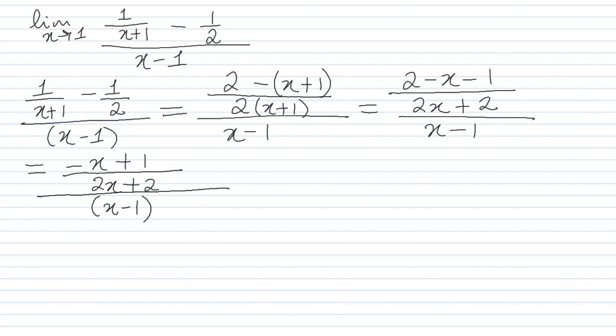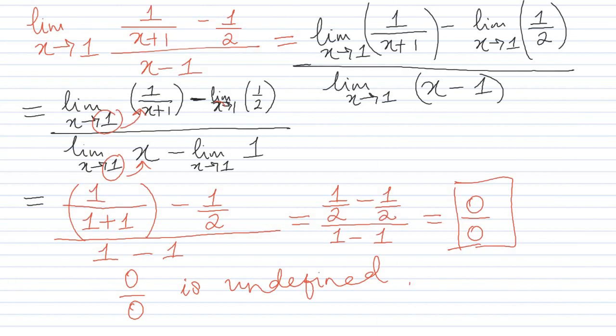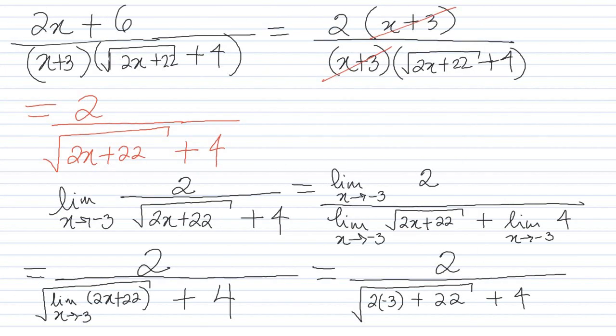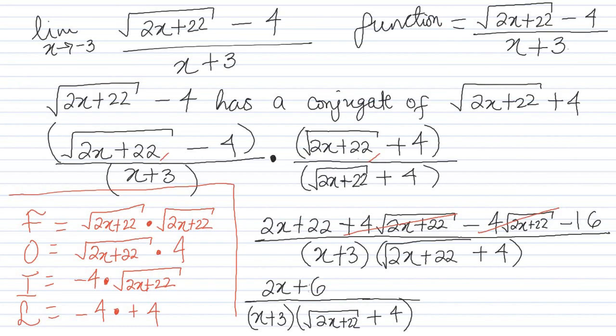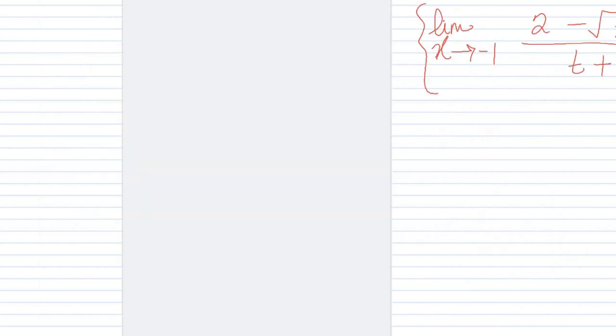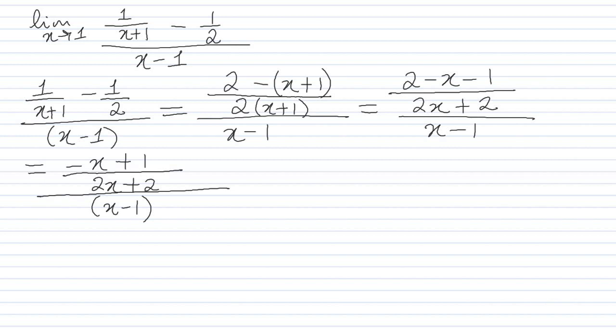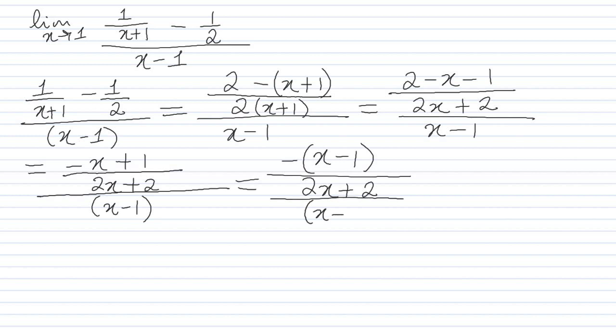Now that we're looking at our work, what is it that we can do to simplify this further? Well, if you remember, in the previous page of what we just did, we were able to cancel the same value with opposite sign out. But in this particular case, we can't really do that. There's nothing that we can cancel out. But one thing we can do is factor out a -1. So we bring out a negative here, and we have negative (x minus 1) divided by 2x plus 2, divided by x minus 1.